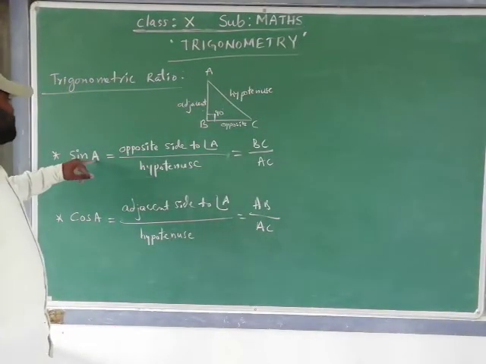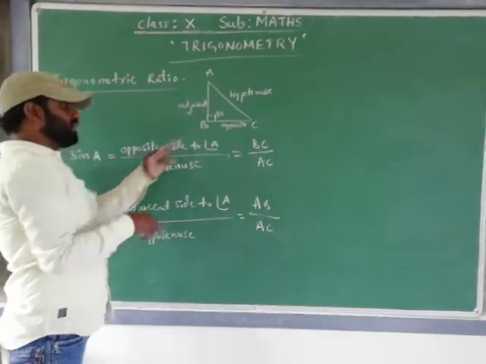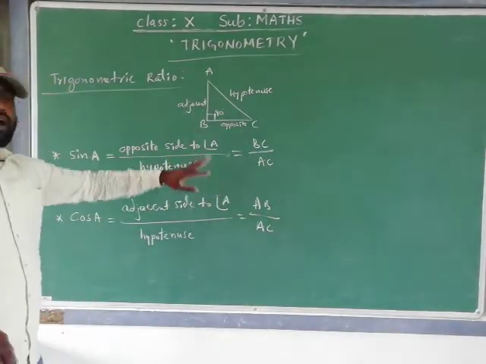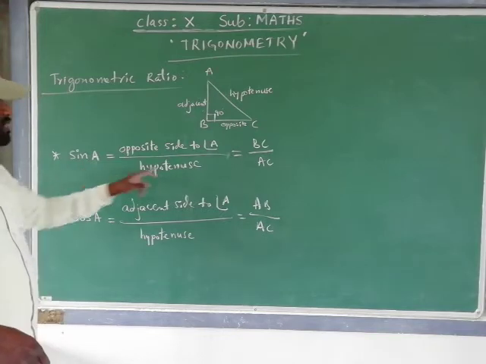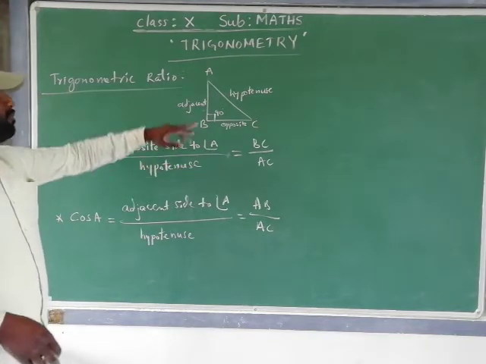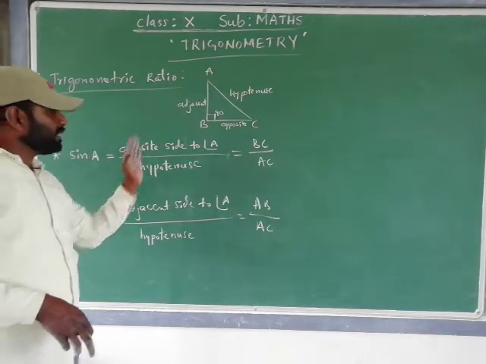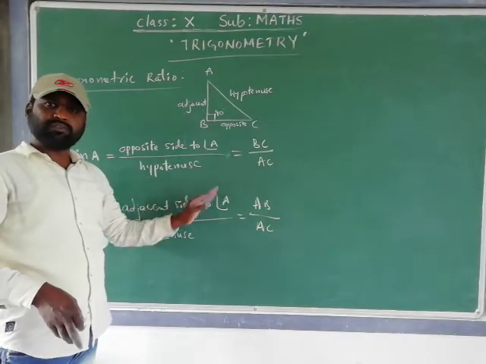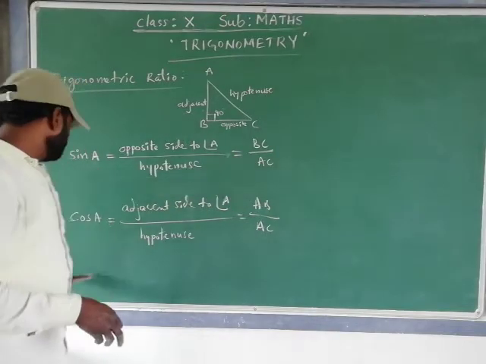If I take with respect to B or C, it will change. With respect to whichever angle I take, I find the adjacent, opposite and hypotenuse.